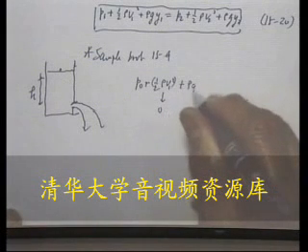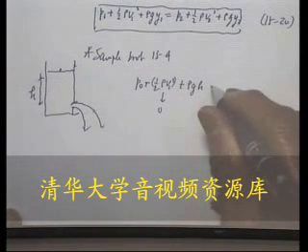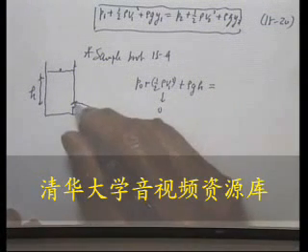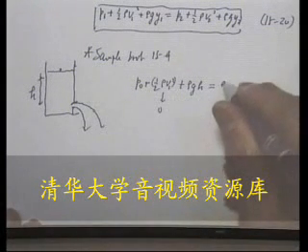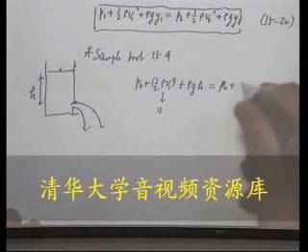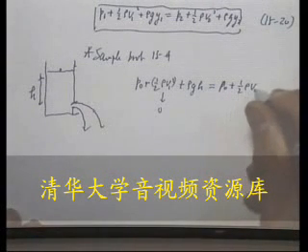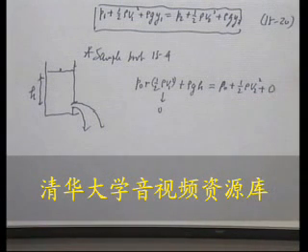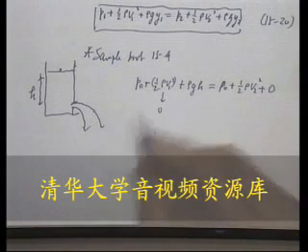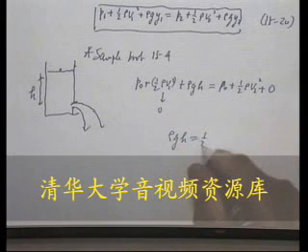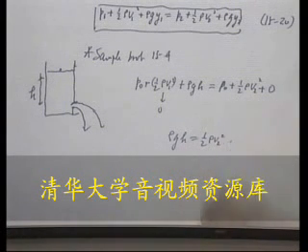Plus rho g h is equal to the pressure at this point, which is p0, again atmospheric pressure, plus 1/2 rho v2 squared plus 0. Since p0 cancels p0, we get rho g h is equal to 1/2 rho v2 squared.